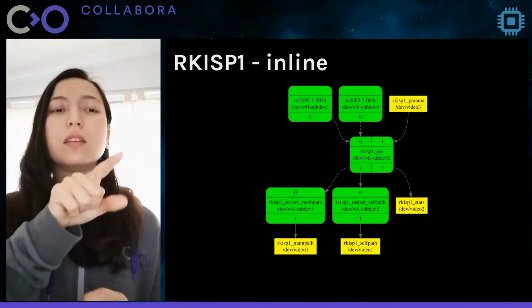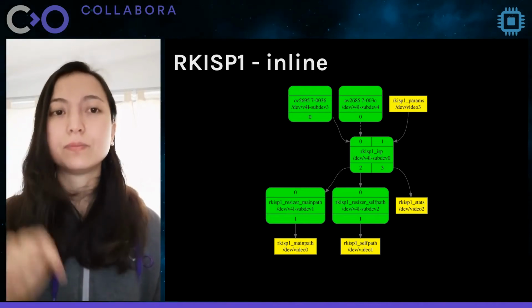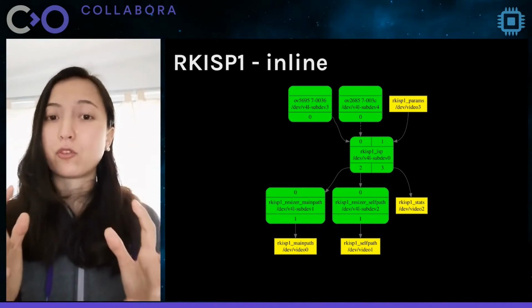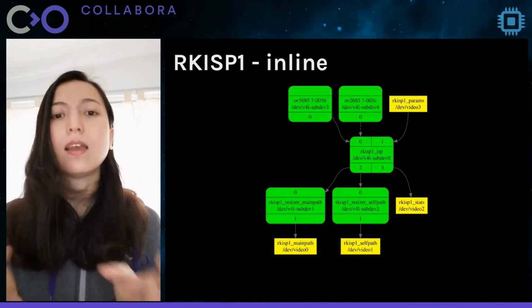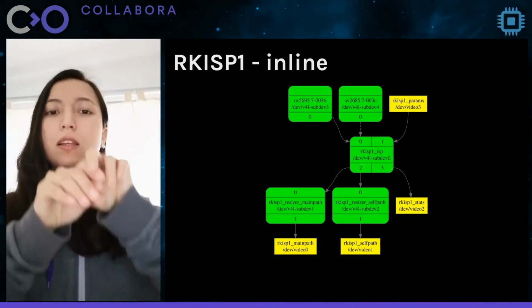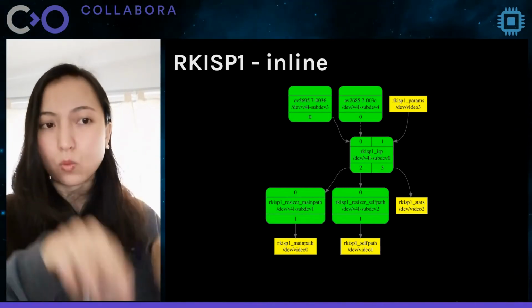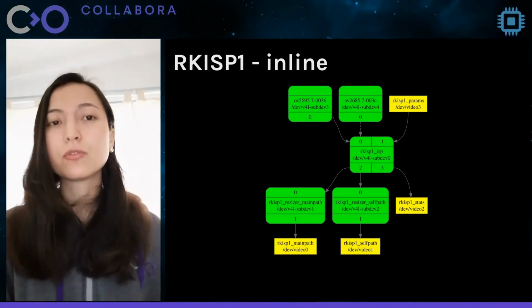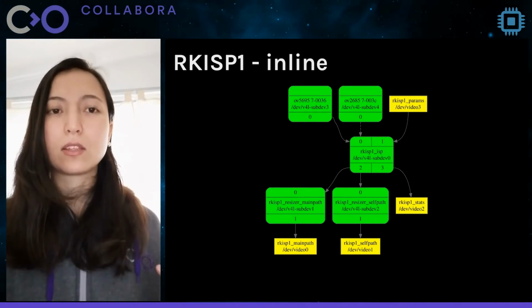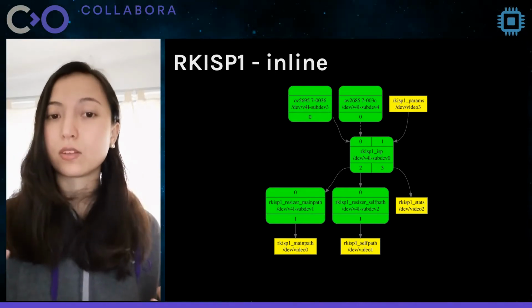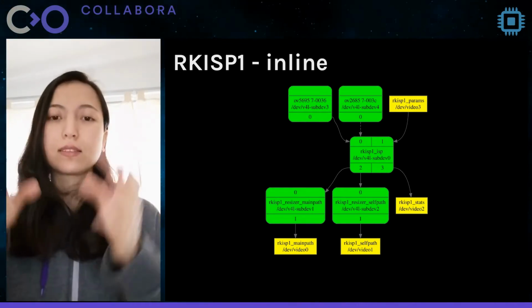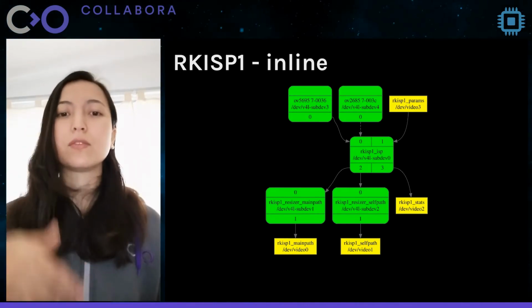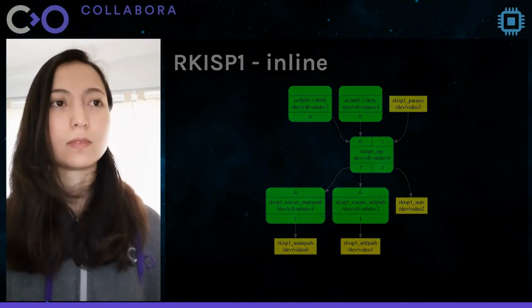That's why you see one line is dashed. The ISP performs some kind of processing, and it outputs the image through one of those 2 paths, the main path and self path, as we mentioned before. And this driver can also do something similar to the Intel driver, generating statistics and receiving parameters from user space.